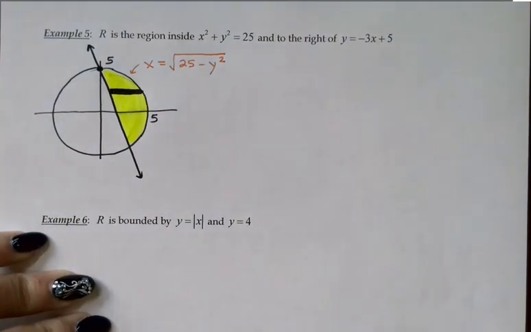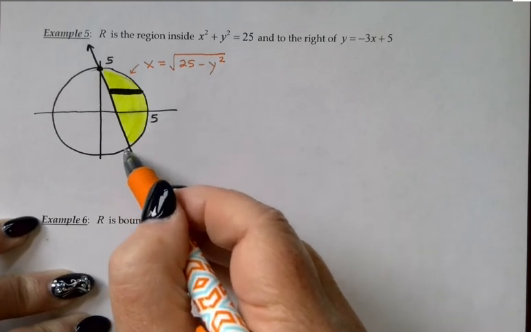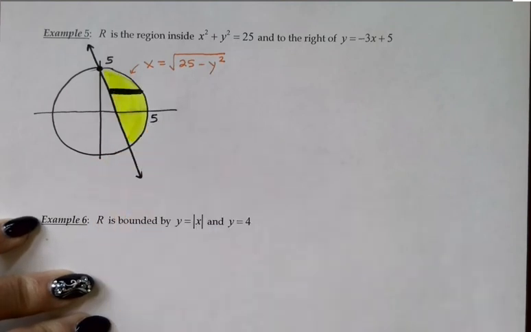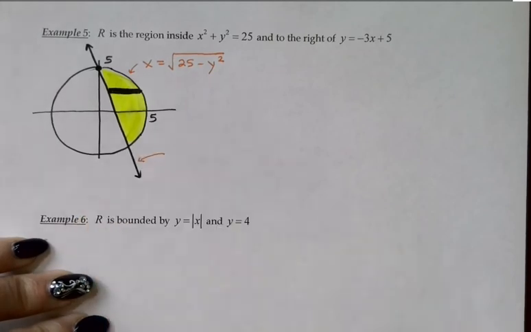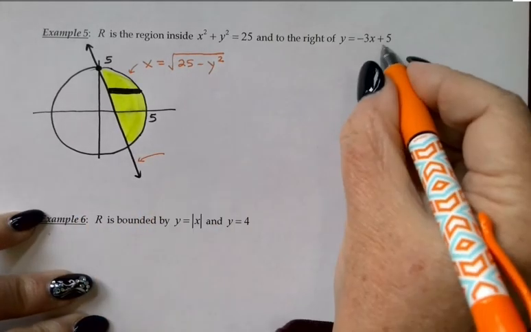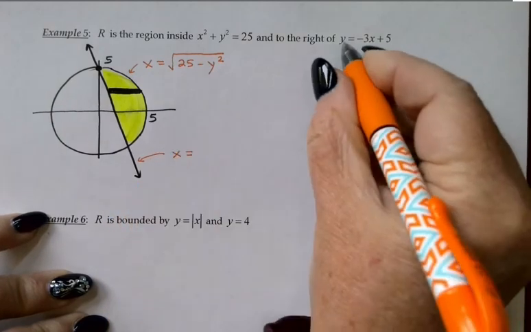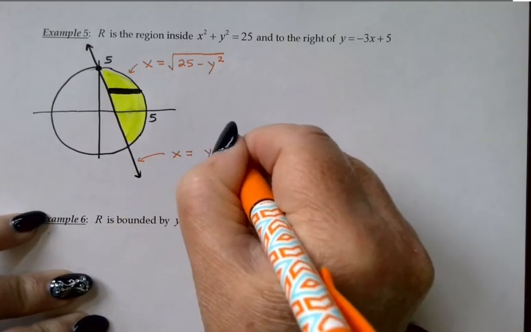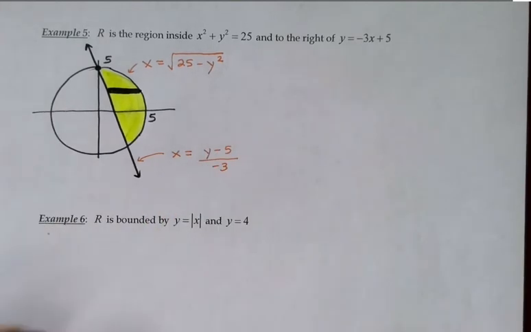I did choose the positive square root because for my region, all of these x values are on the positive side. As far as the line, let's see, if I take this equation and solve it for x, I would have y minus 5, and then I would have to divide by that negative 3. And that's good enough. I don't really have to simplify any further.